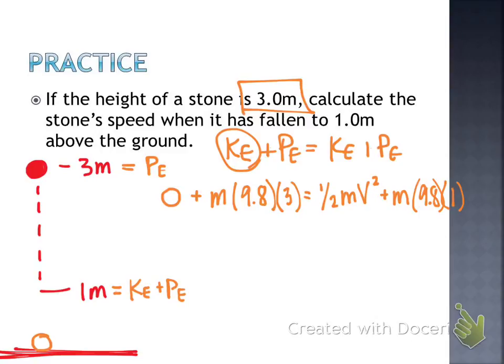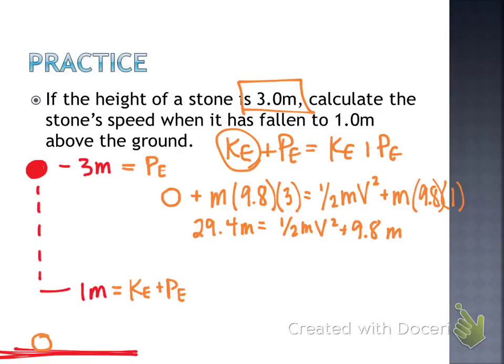Okay. So I'm going to do the math, leave my m where it is for right now, and I'm going to show you how algebraically it will end up canceling. On the left, that leaves me with 29.4 m equals 1/2 mv squared plus 9.8 m.